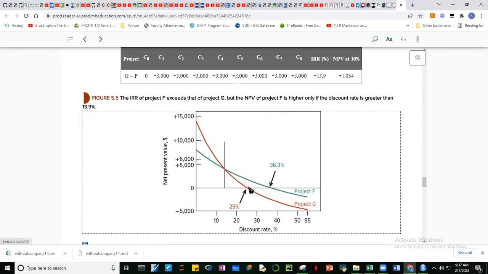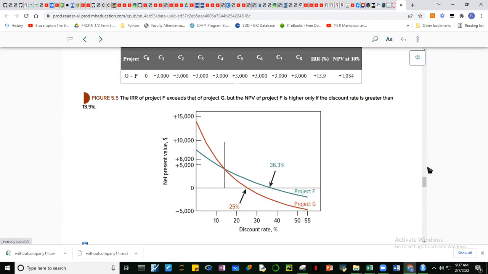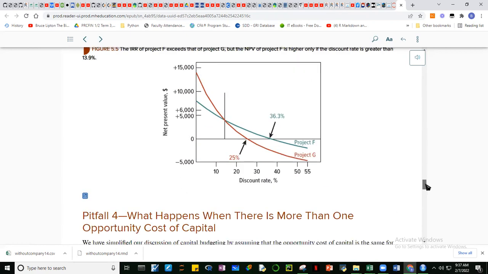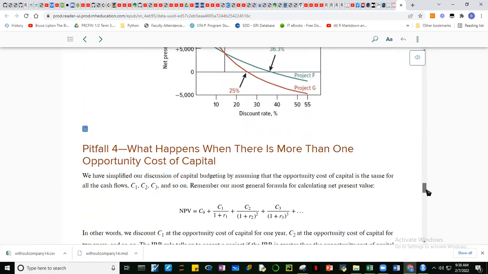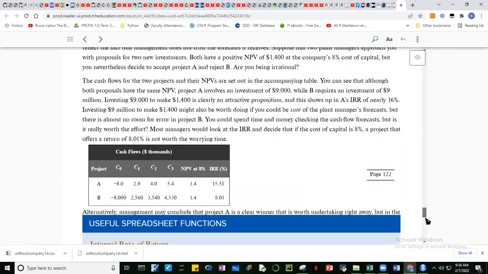So beyond 25%, we reject project G. Beyond 36.3%, we reject project F. So that's what we do with deciding which of the two projects are feasible.